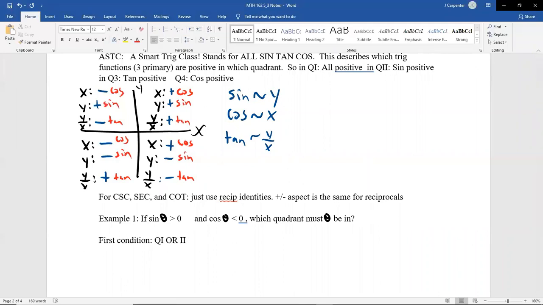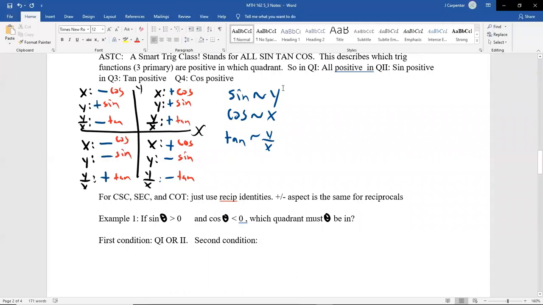We're not sure yet. Second condition says, all right, the cosine has to be negative. Cosine's tied to the x value, and we want the cosine to be negative. X's are negative when you go left. So cosine's negative in quadrant 2, and cosine's negative in quadrant 3.